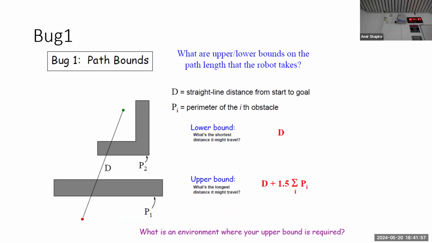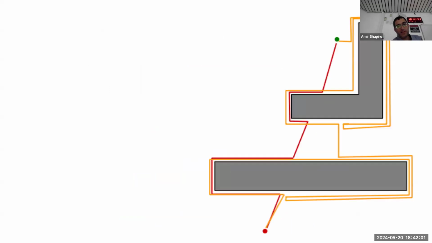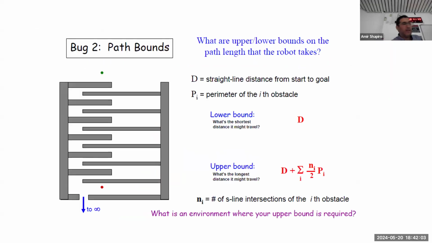So this is the bound, but here we have n_i over 2 times pi. So if n is larger than 3, this is worse than the first. And we don't know this n in advance. That's the problem, because n depends on the environment.